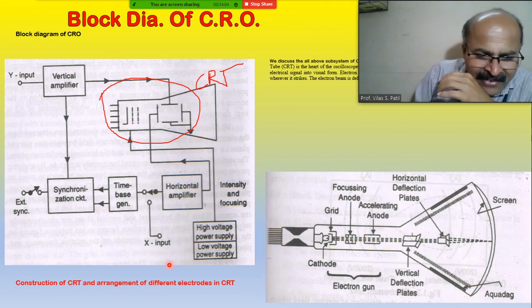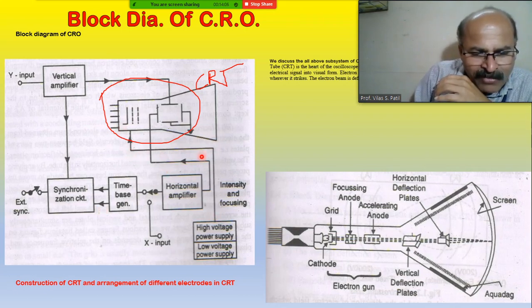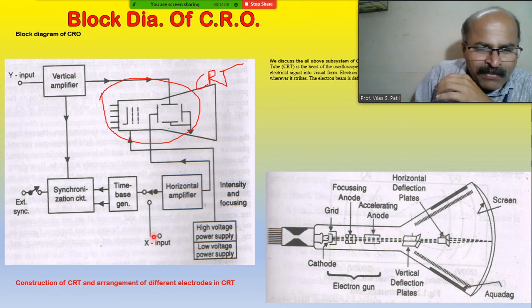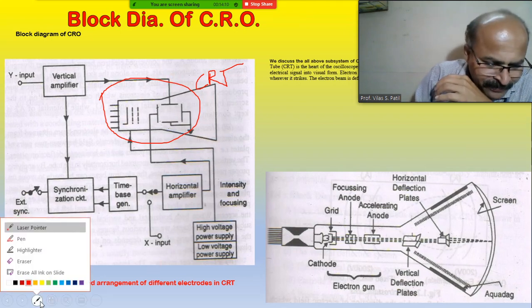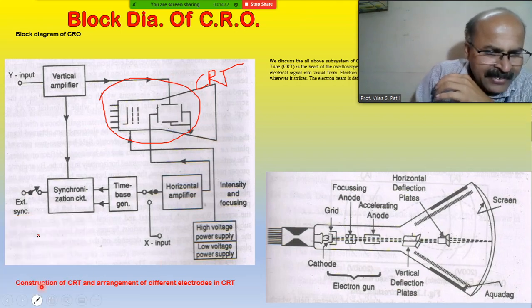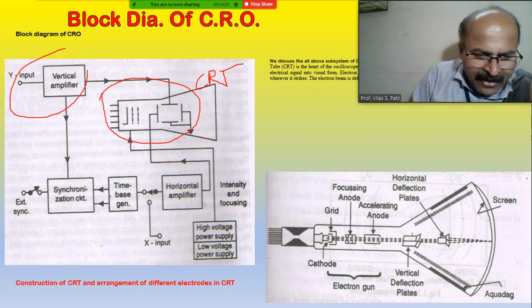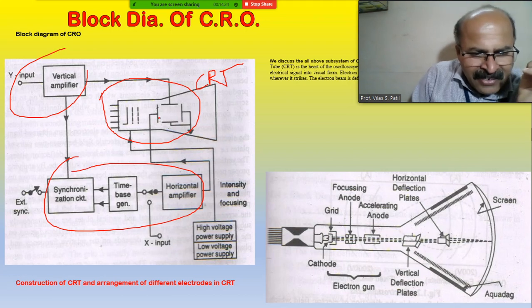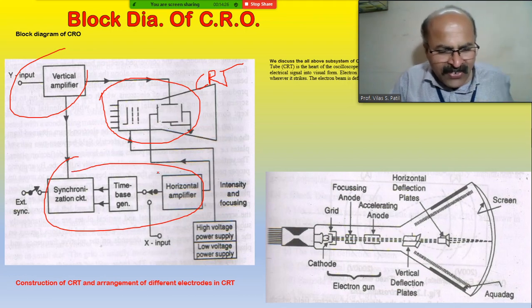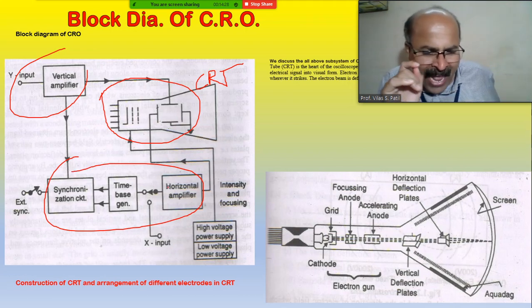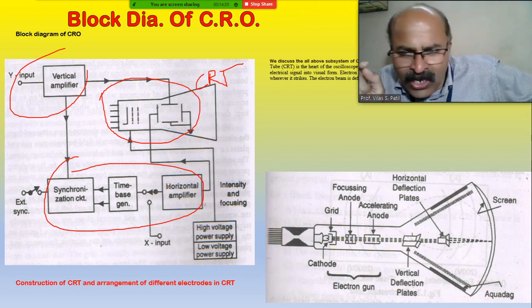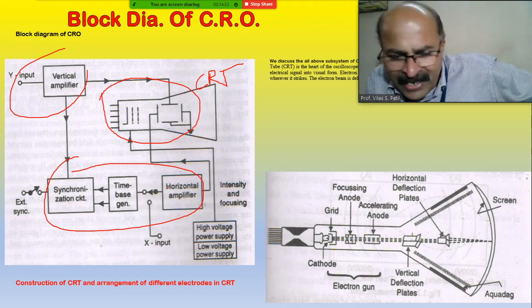Okay, and the last will be the fourth. The first will be the CRT, then the second will be the vertical deflection system with the vertical amplifier. The third is the horizontal deflection system with the horizontal amplifier and time base synchronization circuit.